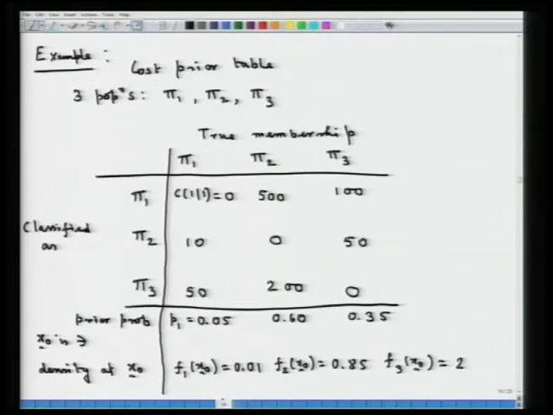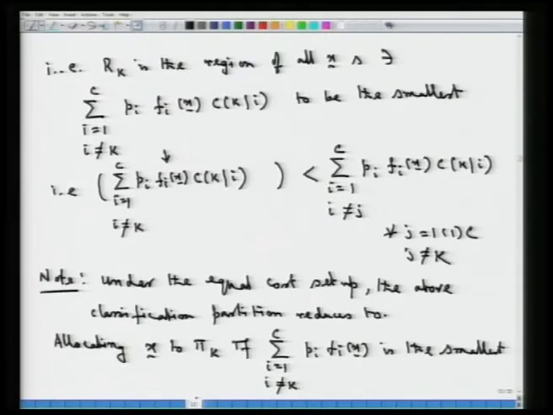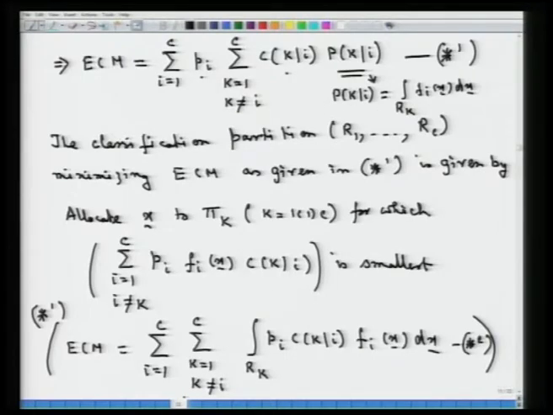Why is that so? Because in the general classification rule, when we were looking at the expected cost of misclassification minimization rule, we had Rk to be that partition of the sample space. Rk is the region of all x's such that this quantity needs to be the smallest, and hence we had this classification rule: x is to be allocated to pi k for which this quantity for i not equal to k is smallest.